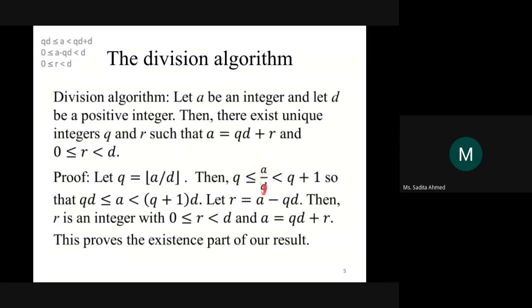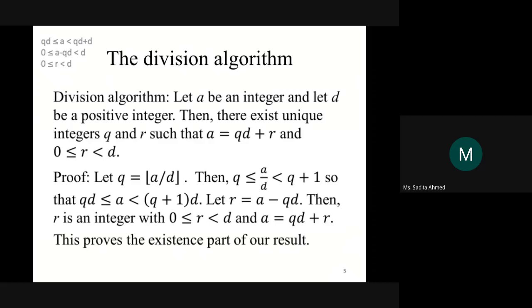Also, the result of a by d will be less than q plus 1. Why? Because a by d will be equal to q when a by d is an integer, and in that case, obviously it will be less than q plus 1. What is the other possibility? The other possibility is that a by d is not an integer.